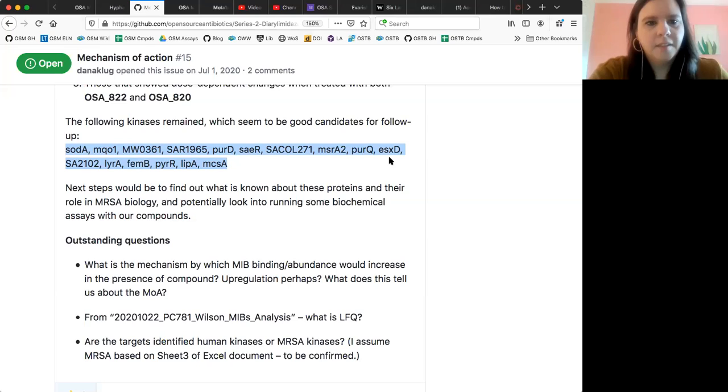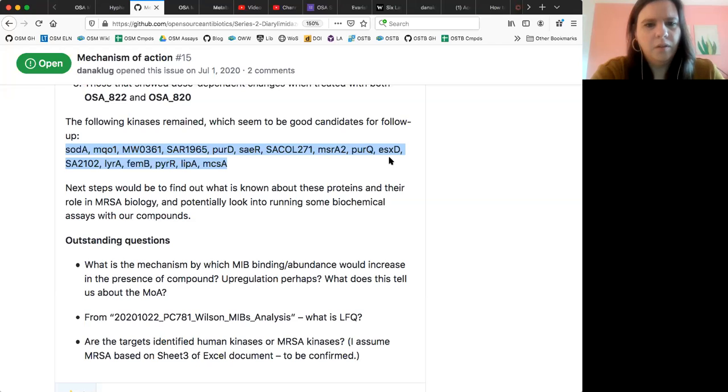Yes. Right. So the other thing I'm not clear on, I think that these are MRSA kinases, but we need to know how they've identified them. I know it's by mass spec, but is it related to the B that they've bound to, or have they done MSMS?